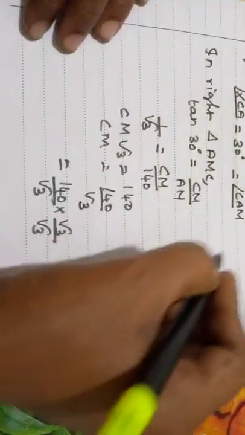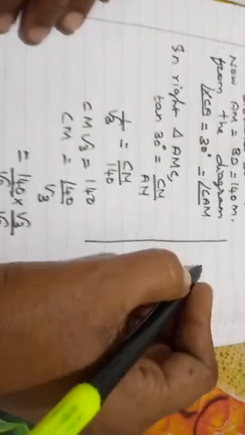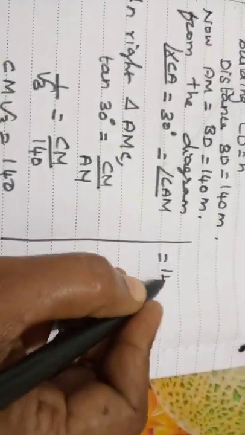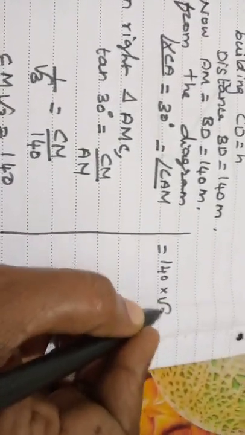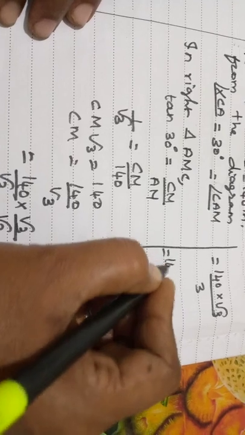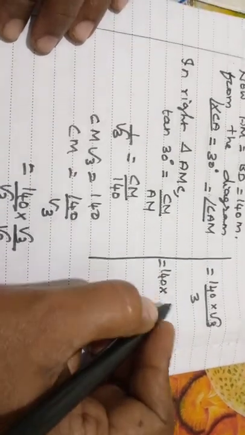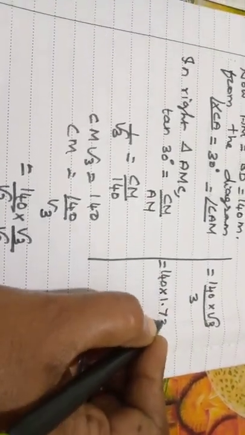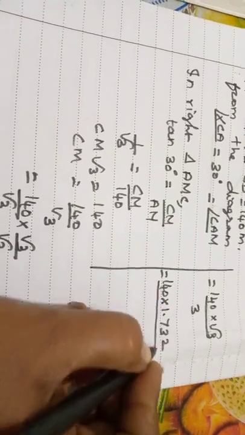Which is equal to 140 into root 3 by, here root 3 into root 3 we have 3. Which is equal to 140 into root 3, whose value is given as 1.732, divided by 3.